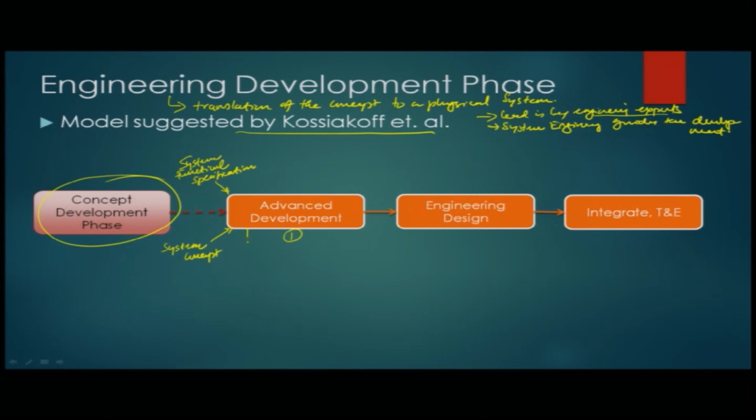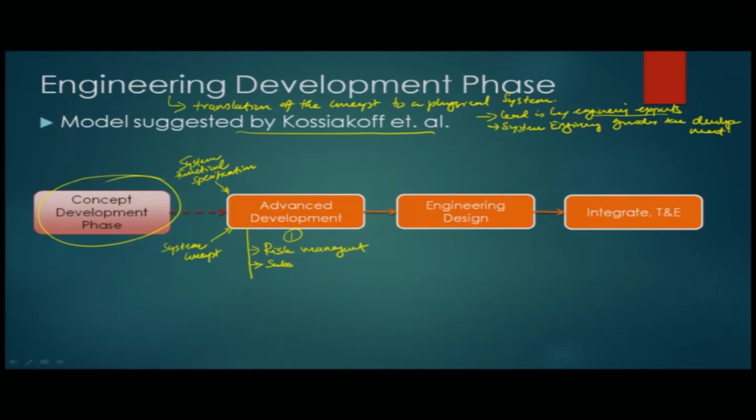So, in the advanced development phase, the major aspects are, one, risk management. What are the possible risks that are associated with the system, and what are the strategies that are available to mitigate that risk? That is one part of this. The second part will be the subsystem definition, because in an earlier presentation we discussed how we go down to each level.